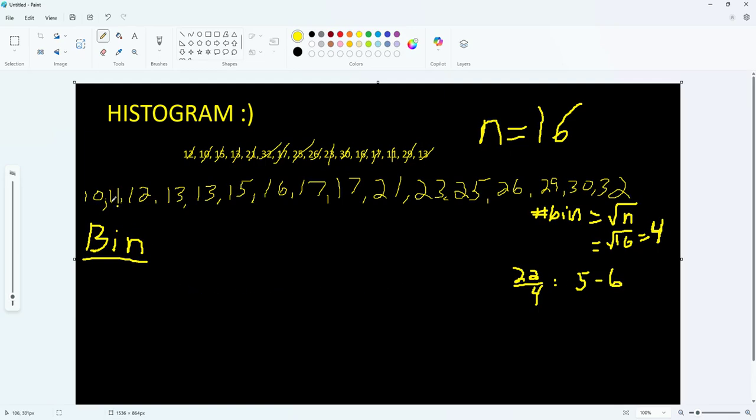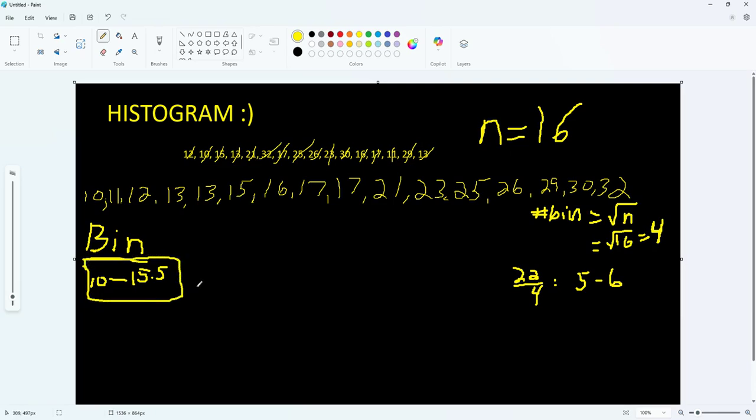My first bin would be 10 to 15.5. This might actually work out pretty good. So 10 to 15 effectively.